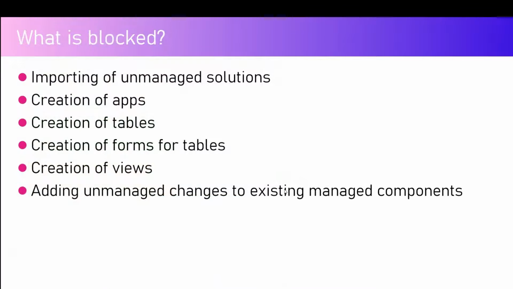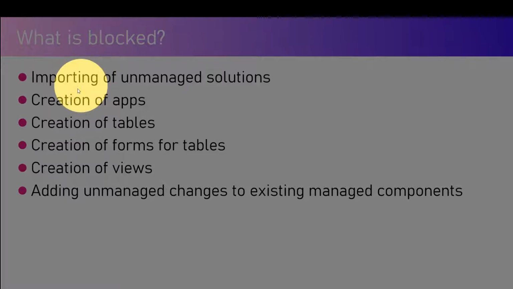Now, from a solution perspective, if you start deploying in the production environment and the block unmanaged customization setting is marked yes, then some components are blocked: importing of unmanaged solutions, creation of apps, tables, forms for tables, views, and adding unmanaged changes to existing managed components.